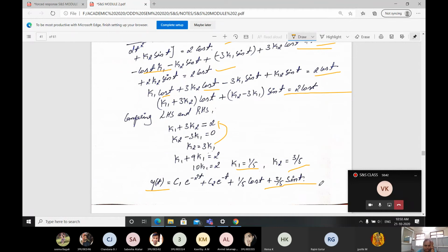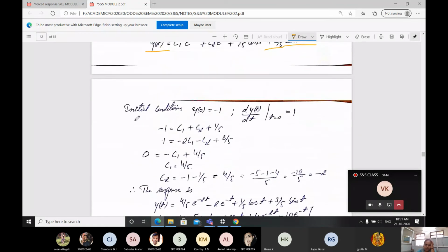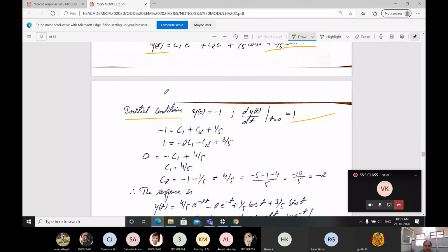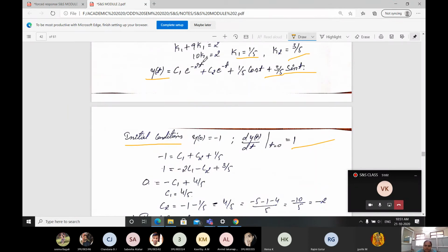After this, go for the initial conditions, which are already given for us. y of 0 is equal to minus 1 and dy of t divided by dt at t is 0 is 1. Then we have to substitute t as 0 in the y of t equation.